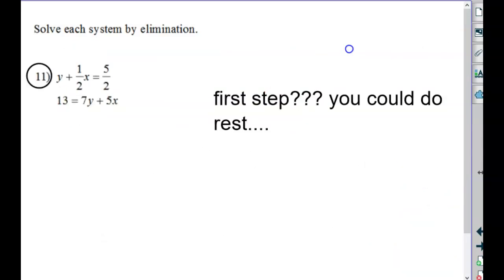All right. Number 11, I don't really want to take time to do with you, but does anybody know what you might do for the first step to make that a little bit nicer? Okay, but we're supposed to solve by elimination.